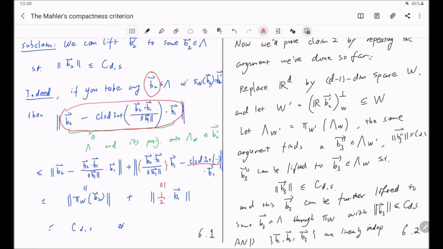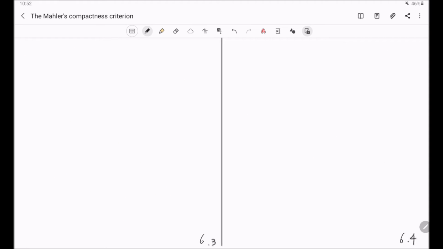And now we will repeat this argument over and over again. Specifically, we will repeat the argument with rescaled lambda sub W prime. By rescaling, I mean we will rescale this so that it is a unimodular lattice. It has covolume 1.